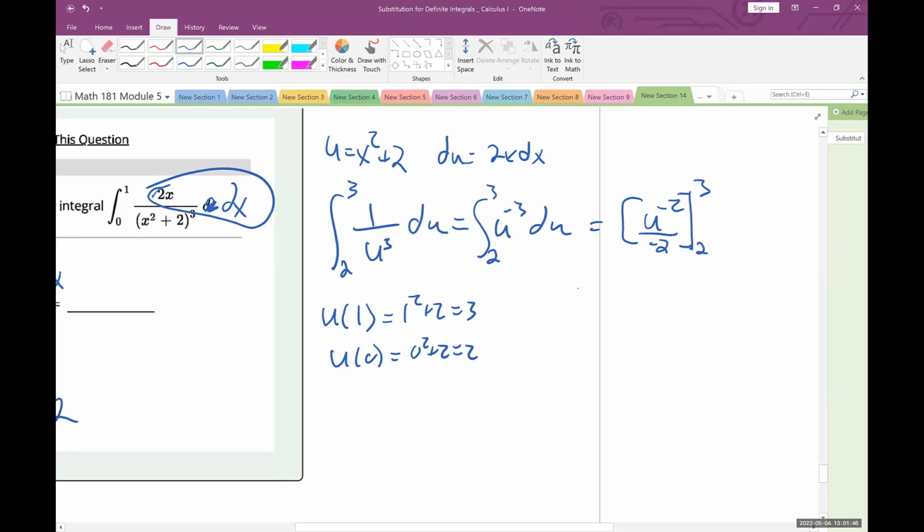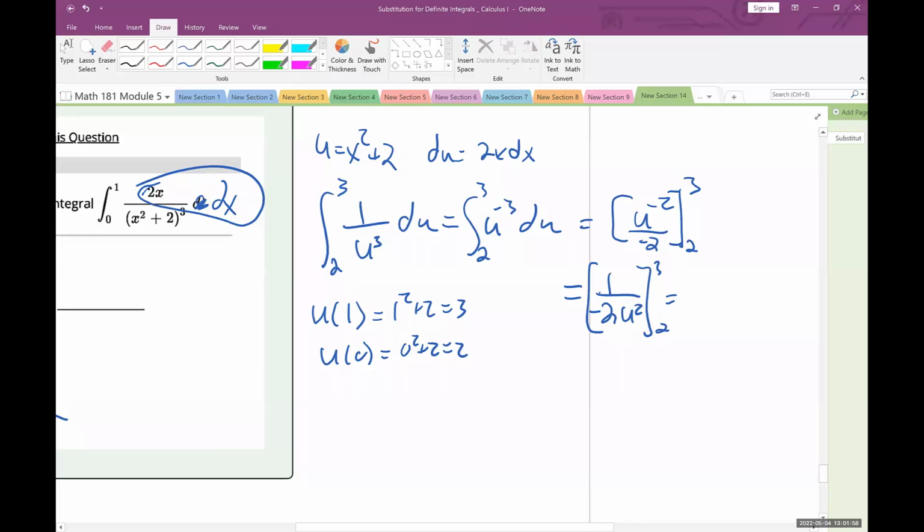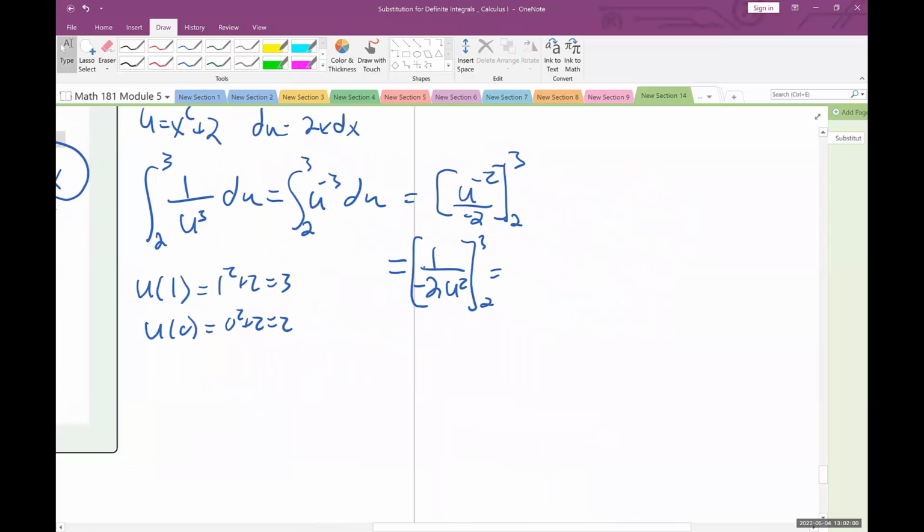So if I can clean this up a little bit, it's going to be 1 over -2u squared evaluated from 2 to 3. Are we on the same track still? So it's going to be 1 over -2 times 3 squared minus 1 over -2 times 2 squared.